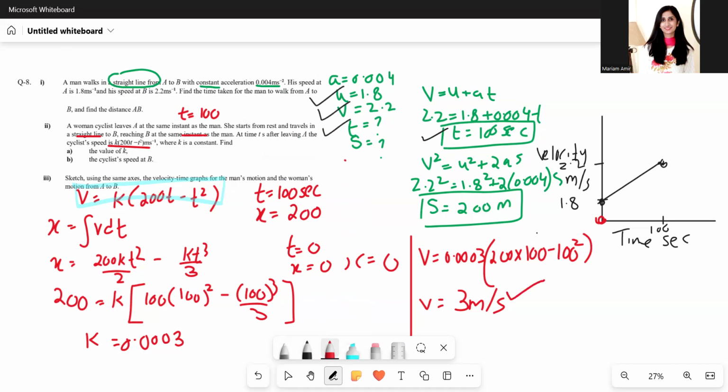So I'm making a mark at 3. Now, since this is quadratic, this will be joined with a smooth curve, something like this. Okay, this is the velocity time graph for the man's journey and the woman's journey.